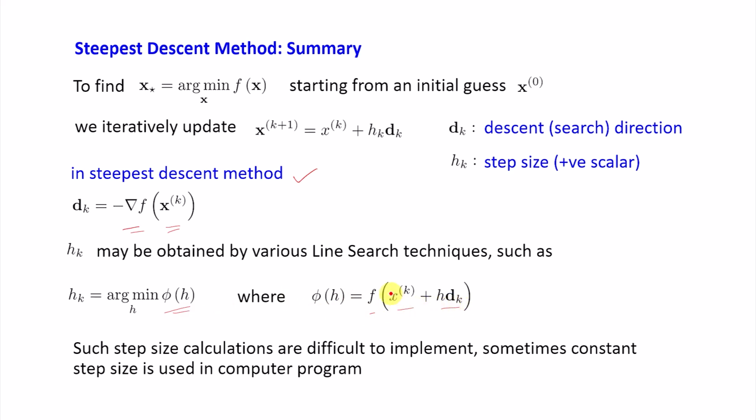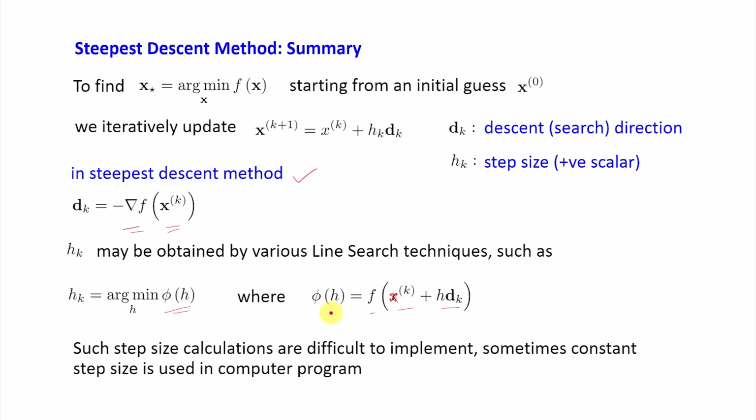Here xk as well as dk are both known, and therefore this is a function of h only. We can use a one-dimensional optimization technique and get the value of h.